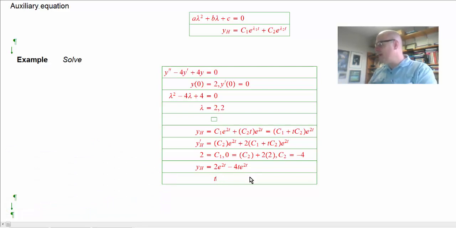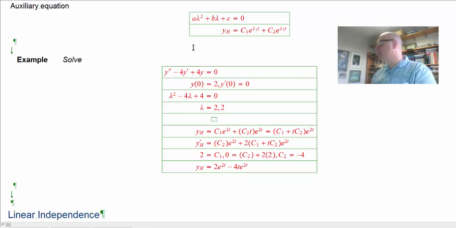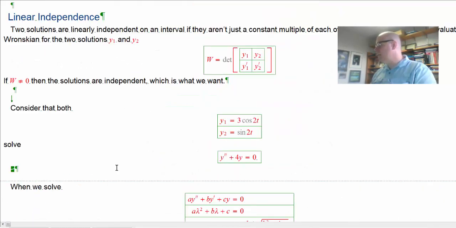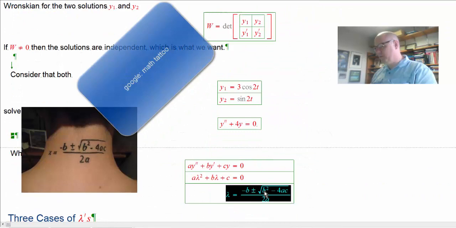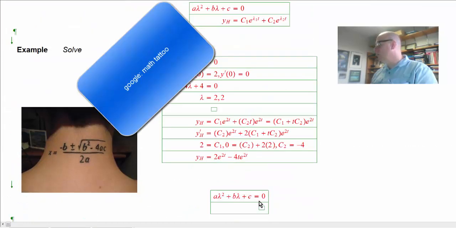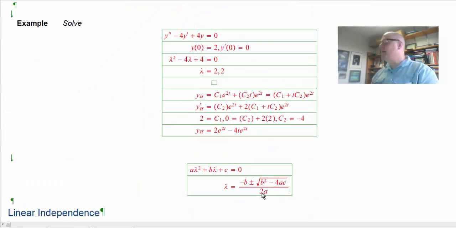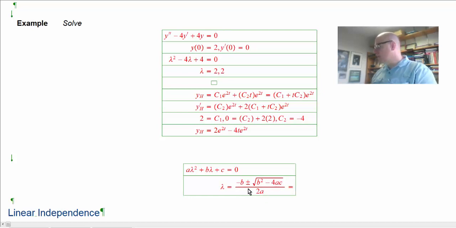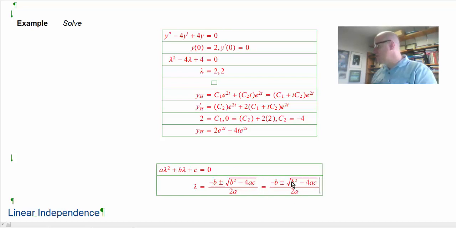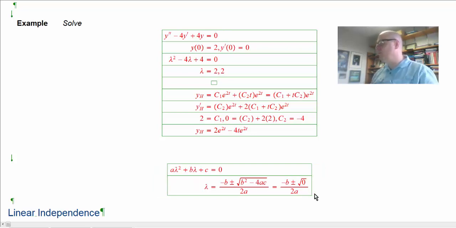Well, let's do it in general, and then we'll come back. So in general, if I were to solve this homogeneous equation, I'm going to go back and solve that quadratic equation. And if I get two real and the same roots, like I got in this situation, then this thing under the square root sign, b squared minus 4ac, has got to be 0.